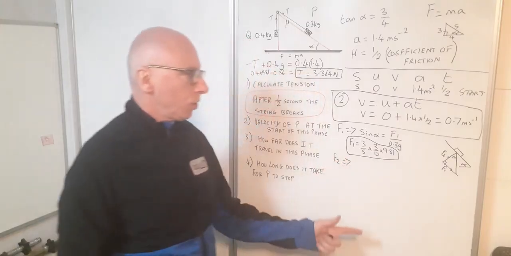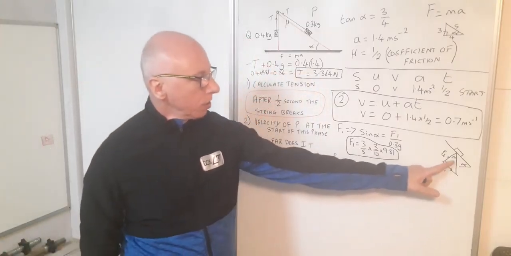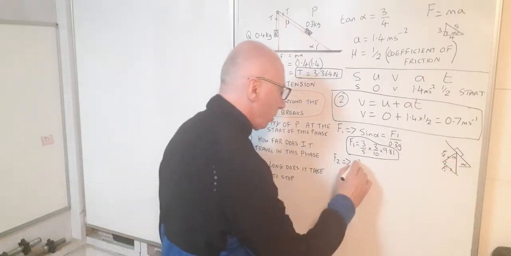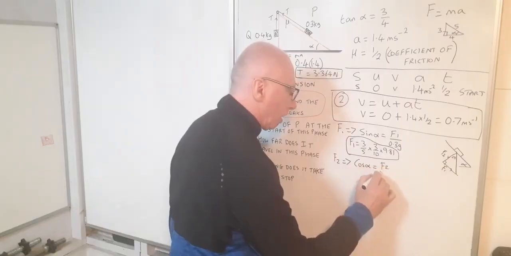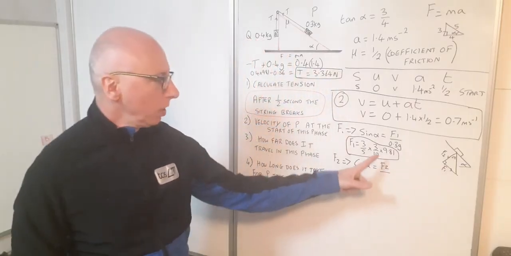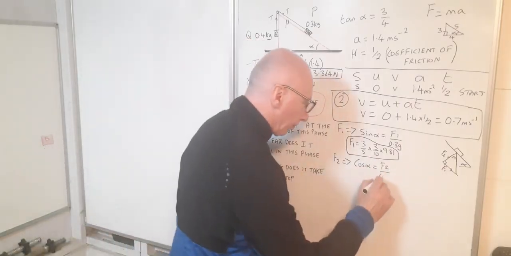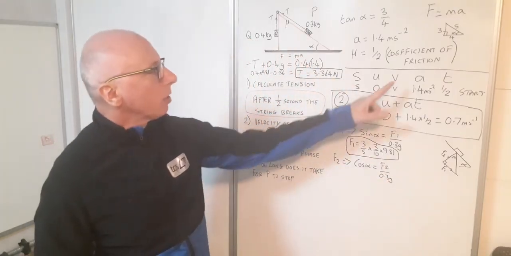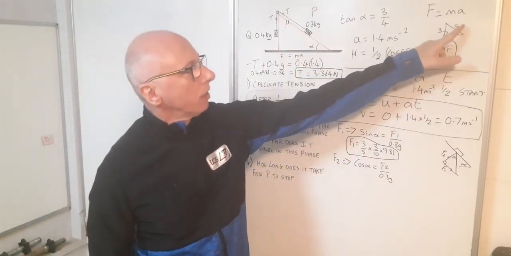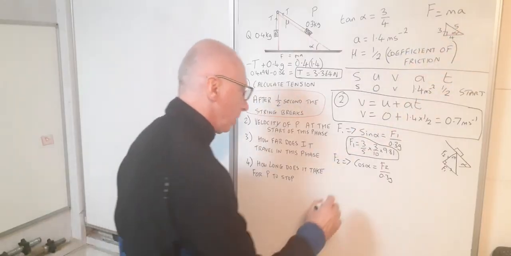With force 2, we need cosine because it's adjacent. So we'll set cosine of alpha equals force 2 over the hypotenuse, which would be 0.3 g. Now what's cosine of alpha? That's adjacent over hypotenuse, which is 4/5.